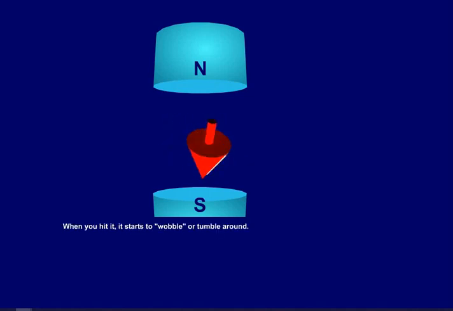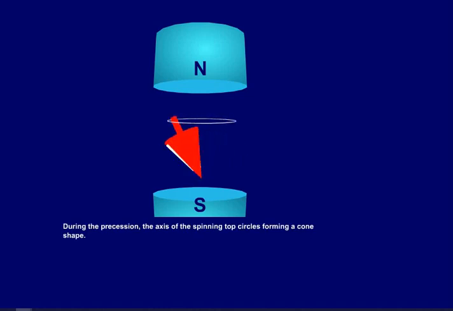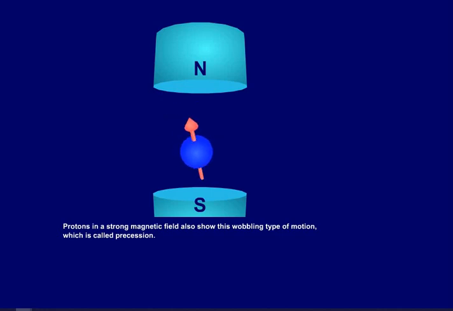When you hit it, it starts to wobble or tumble around. It doesn't, however, fall over. During the precession, the axis of the spinning top circles, forming a cone shape. Protons, in a strong magnetic field, also show this wobbling type of motion, which is called precession.